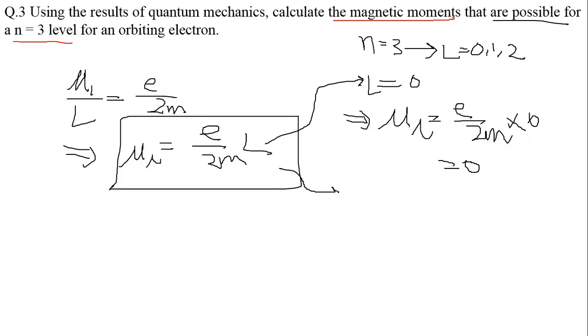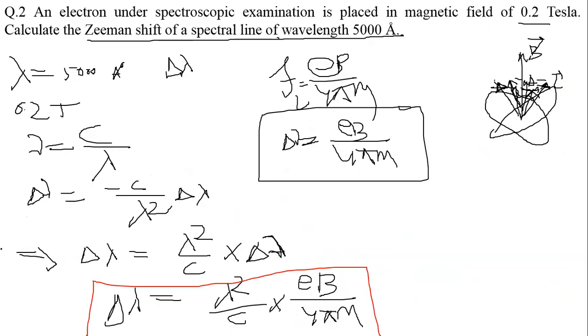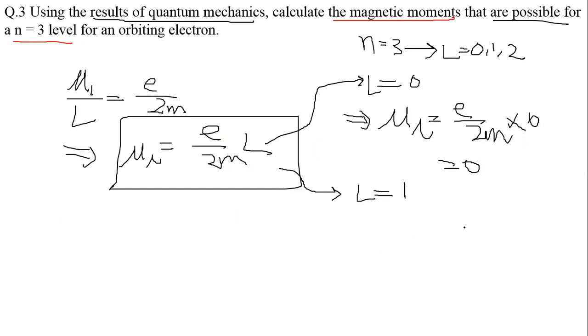Then if we put L equals 1, and again it is given that we use the results of quantum mechanics. In the previous question, we took L equals root of l into l plus 1 times h cross. We take this relation because these relations are the byproduct of the quantum mechanical treatment of the atom. So for l equals 1, L will be root of l into l plus 1 times h cross.